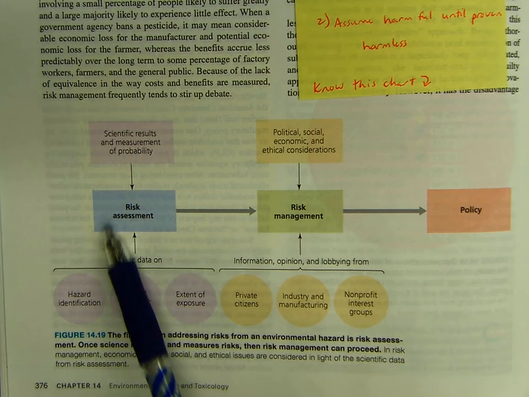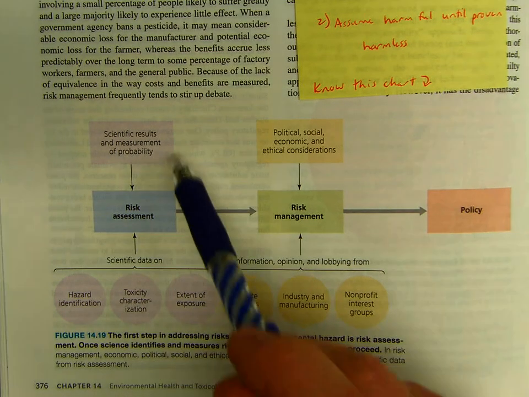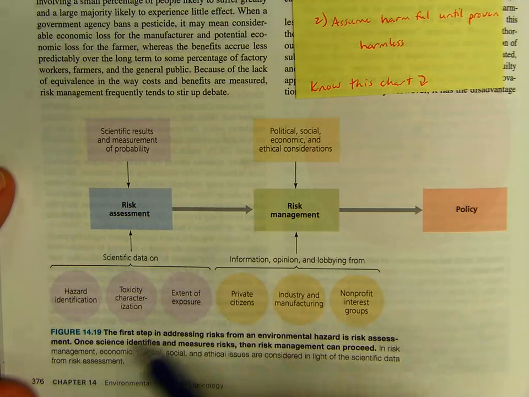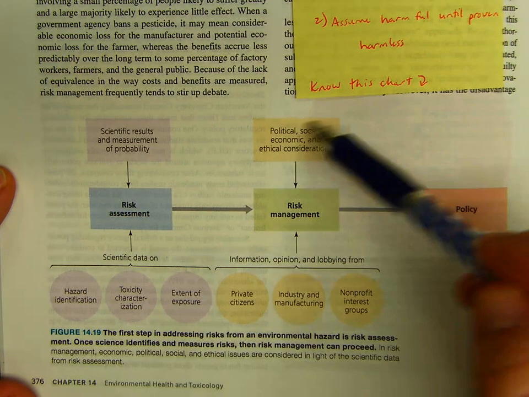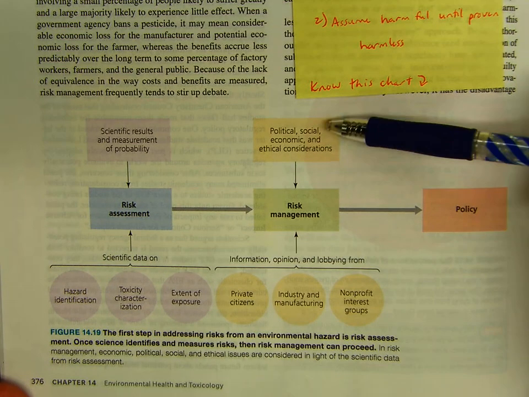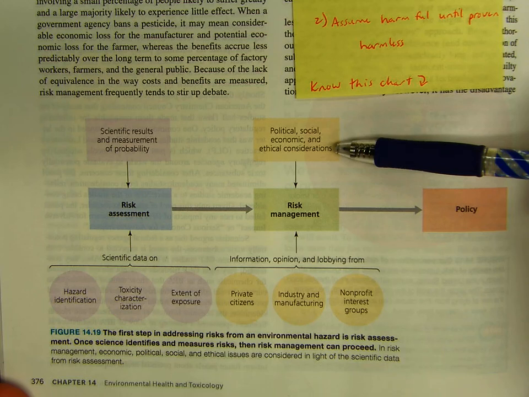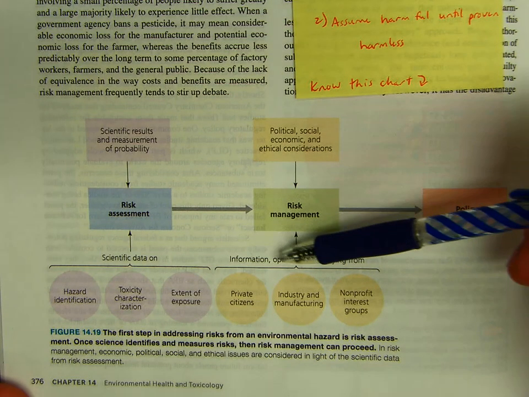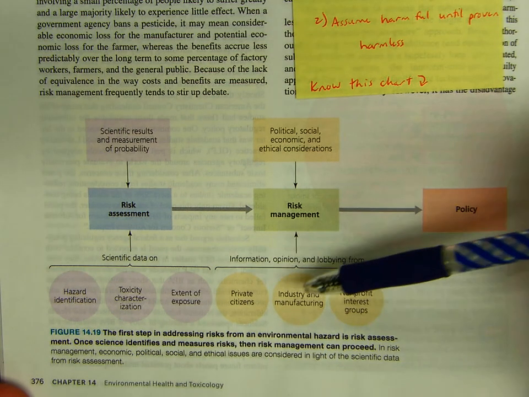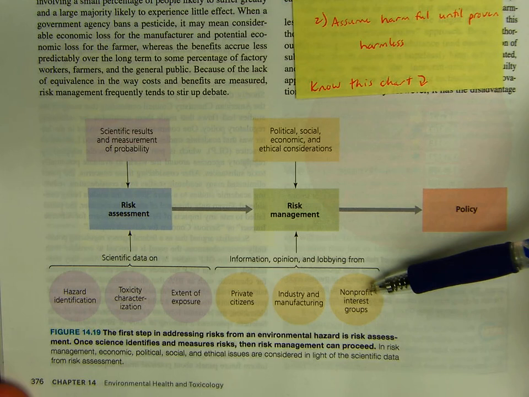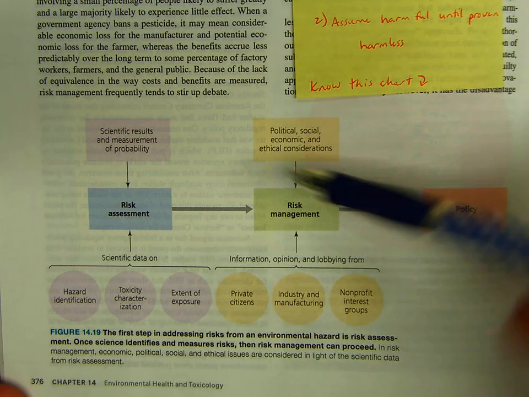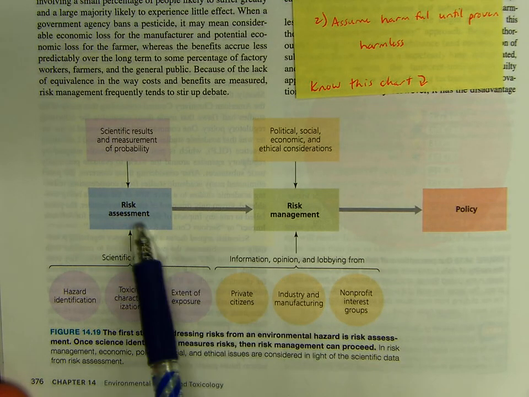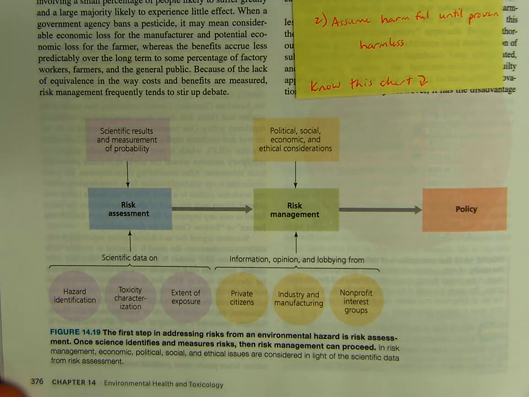Think of this as the science side. This is the social science side: the political, social, economic, and ethical considerations, including information, opinion, and lobbying from private citizens, industry and manufacturing, and nonprofit interest groups. That all goes into risk management. We weigh those two things, and we come to a policy about it.